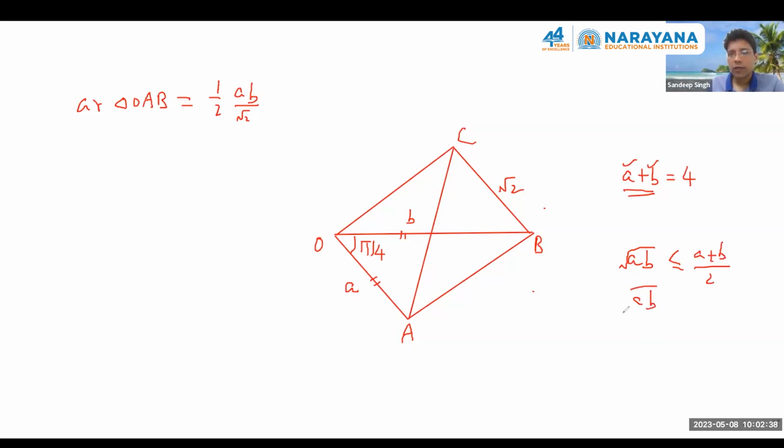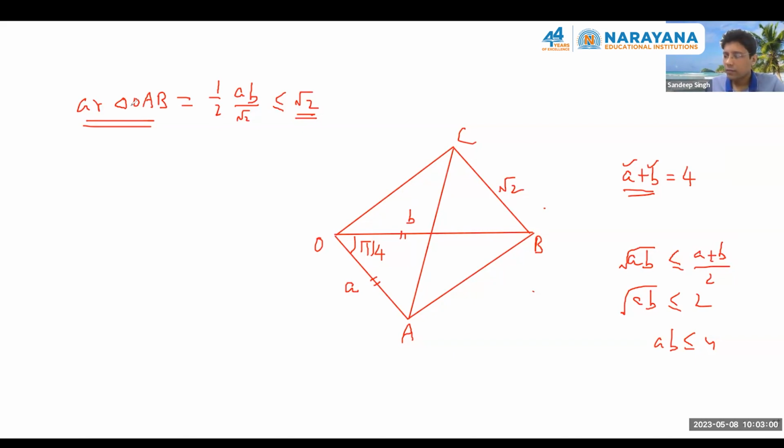That means root AB is less than equal to 2 or AB is less than equal to 4. So AB by 2√2 is less than equal to √2. तो अधिक से अधिक इसका एरिया कितना आएगा? √2 आएगा, है ना? Less. तो एरिया ऑफ ट्रायंगल cannot exceed √2. That is perfectly all right.